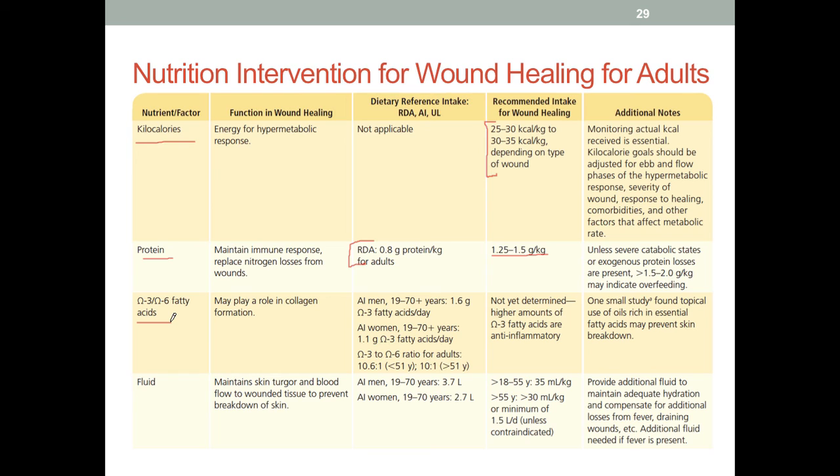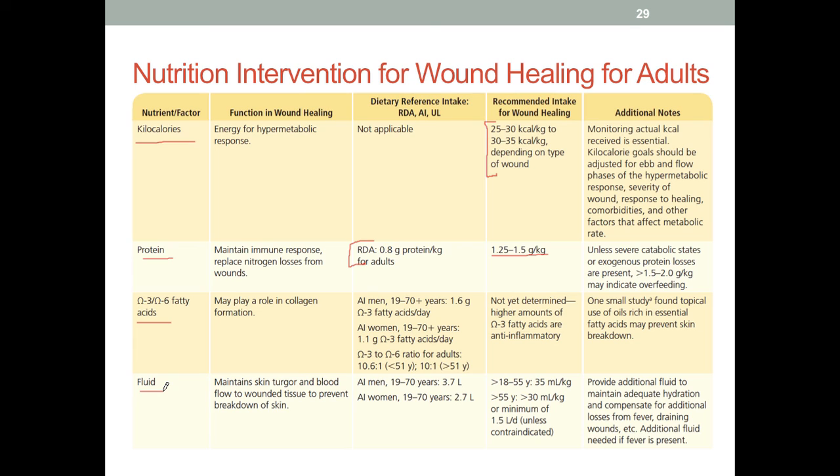So PUFAs, for example, the omega-6 and omega-3. These are implicated in the inflammation process. And generally speaking, omega-3 fatty acids are anti-inflammatory, whereas omega-6 fatty acids are pro-inflammatory. So it is indicated, although we don't really have clear recommendations as to how much to give for each category.